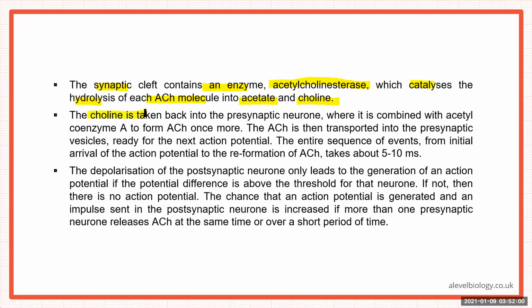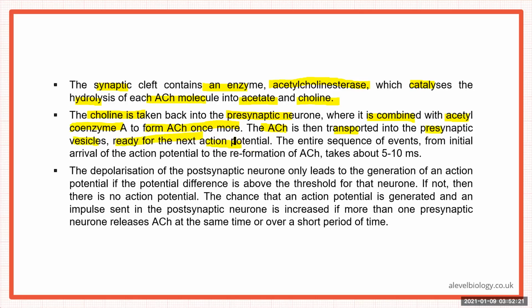Now, this choline is taken back into the presynaptic neuron, right? And then it is combined with acetyl coenzyme A, and hence it produces acetylcholine once more, right? The acetylcholine is then transported into the presynaptic vesicles and ready for the next action potential.